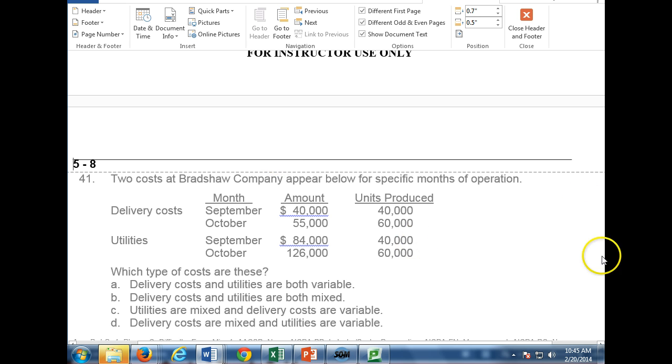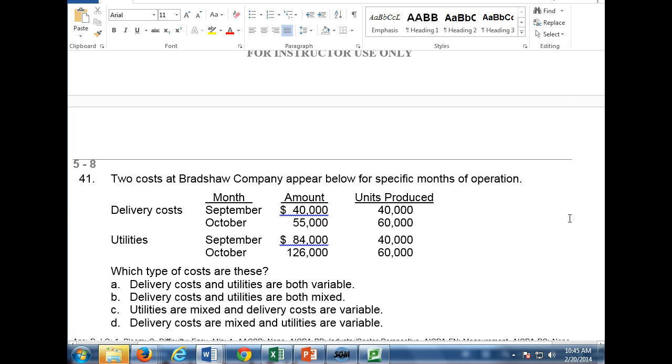Okay. Two costs at Bradshaw Company appear below for specific months of operation. Delivery costs and utilities. In delivery costs, in September, the amount was 40,000. Units produced 40,000.